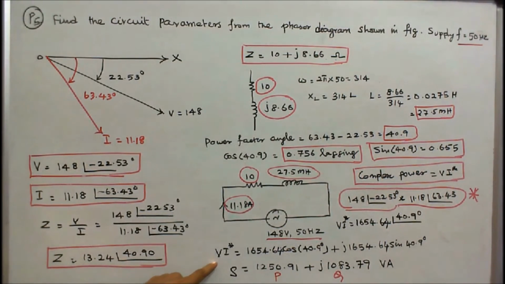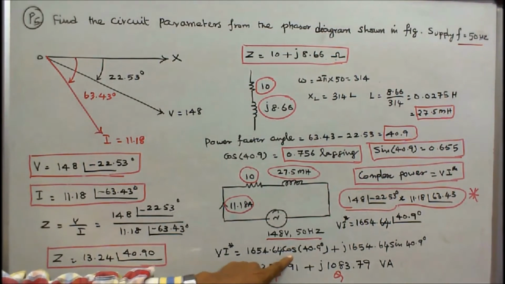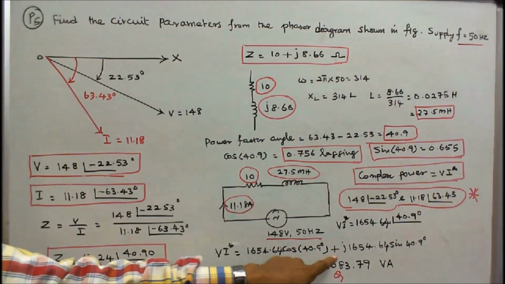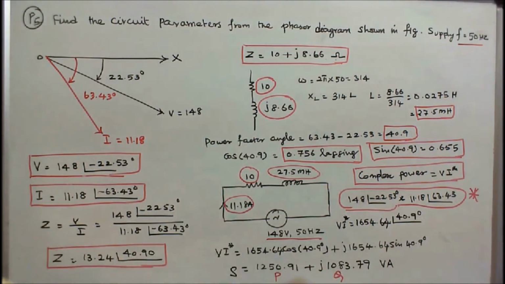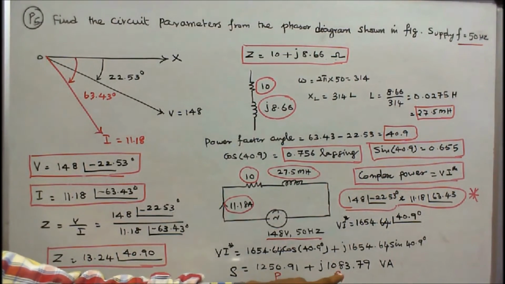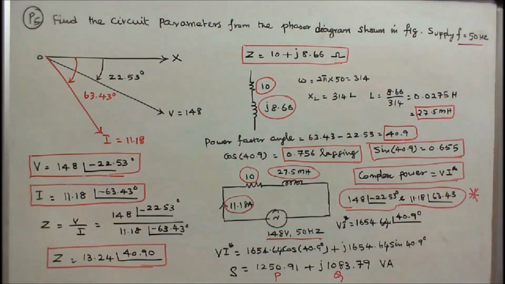So apparent power S is equal to 1654.64 into cos 40.9 plus j 1654.64 sin 40.9, that is equal to 1250.91 plus j1083.79 volt amperes. P is equal to 1250.91 watts. Q is equal to 1083.79 volt ampere reactive.